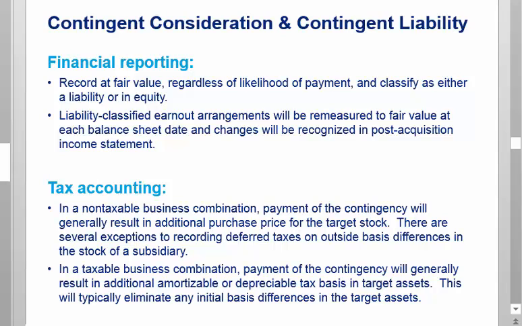But like 6 months later, if the company says, oh, it looks like we're going to have to pay more under the earnout just based on how the business is doing, that extra $100 that we have to accrue as a liability, that goes through P&L. Okay?